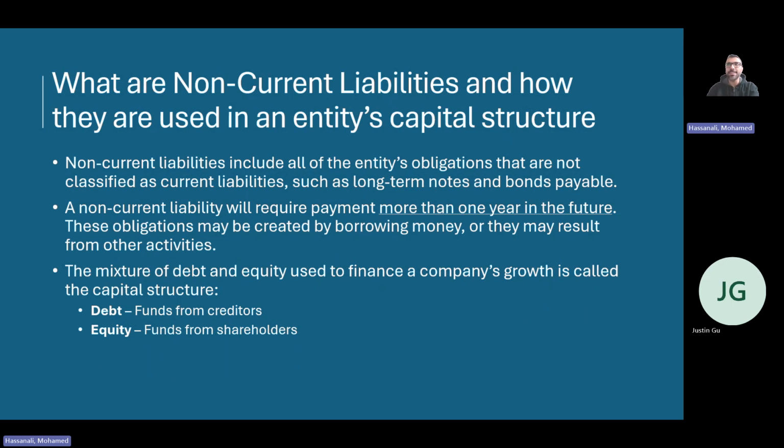Okay, so then when we're thinking of non-current liabilities, one of the general principles that we think about is debt versus equity. When you have a business, there are two ways for you to generate capital, so raise cash for your business. The first one is by borrowing money in the form of a loan or issuing debt.